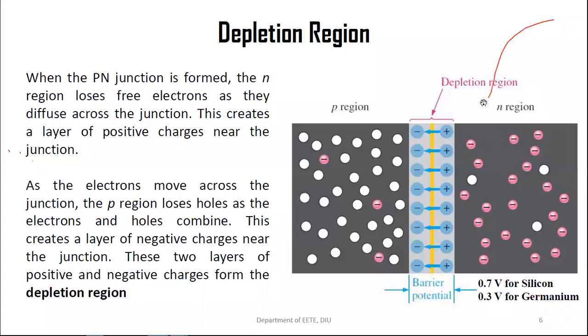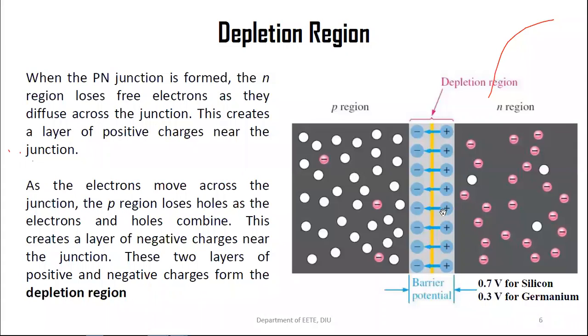You see that these two layers of positive and negative charge form a depletion region, and we all know that positive and negative are two terminals. This is positive, this is negative.